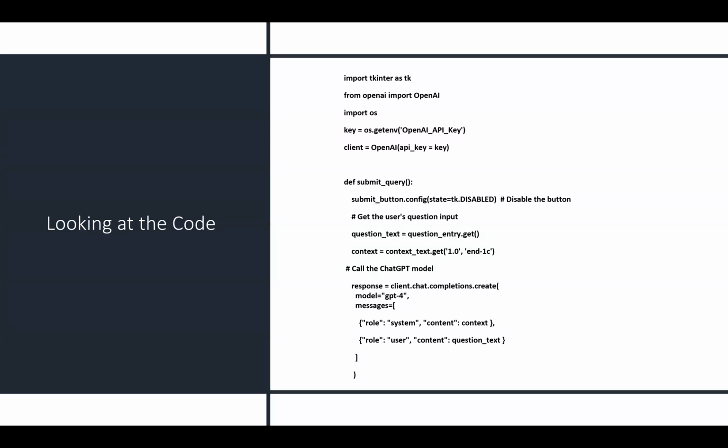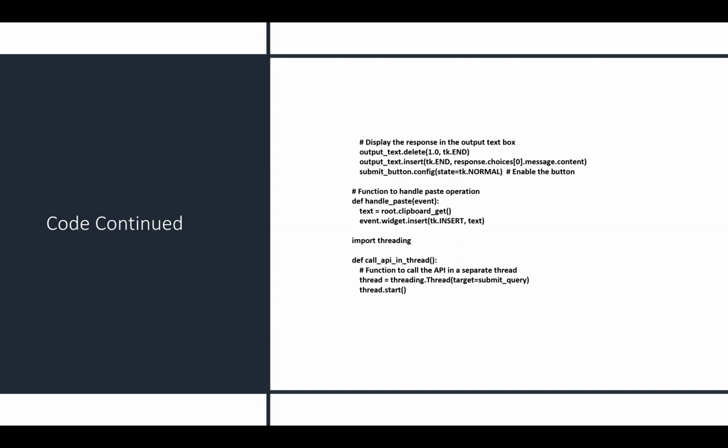I pass those to ChatGPT 4, and the context I'm passing using the system role. And then my question is coming in from me, and I'm passing that as a user role. I then delete the output contents, so I'm ready for the new output. So if anything was in that form, I delete it. And when everything's done, I put the submit button back to normal so the user can do their next query if they so decide.